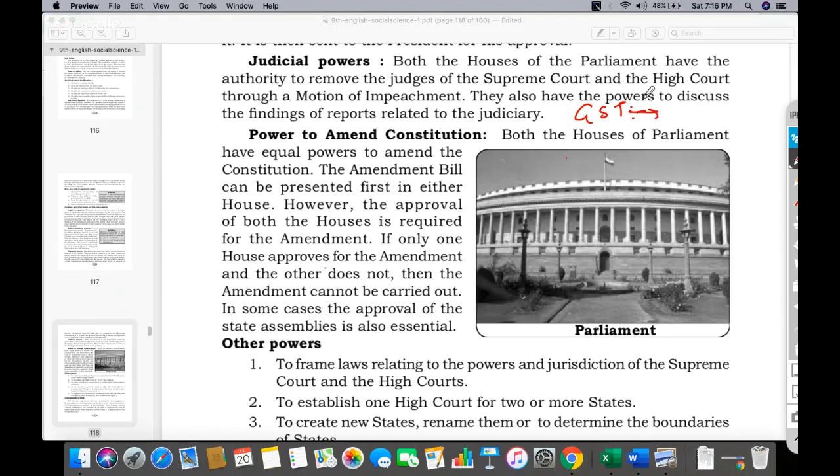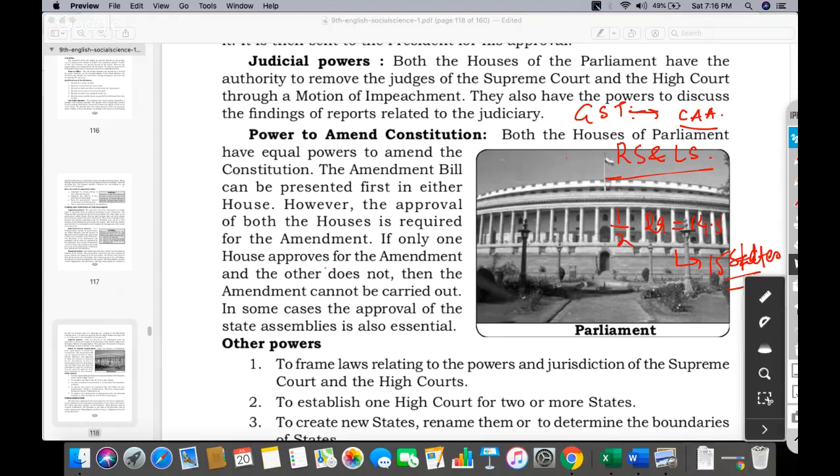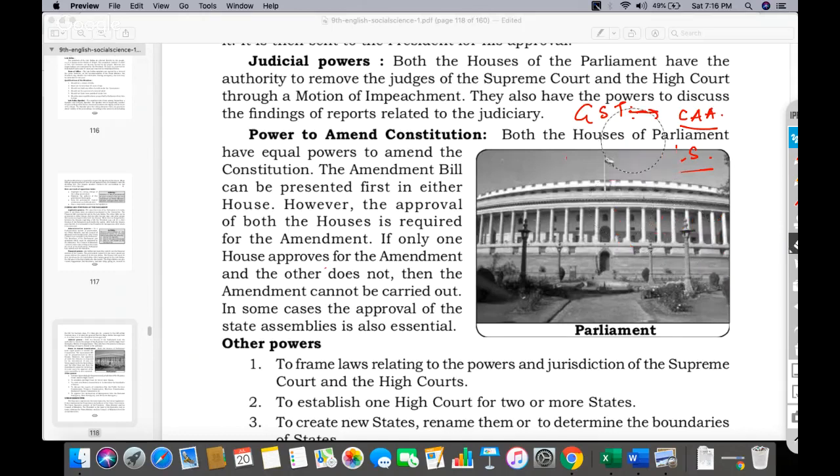So there are few constitutional amendment bills which, apart from the two houses Rajya Sabha and Lok Sabha, have to be passed by at least half of the total states. So half of 29 is 14.5, integer more than this, so 15 states. So like GST bill was passed by more than 15 states for it to become an act or law, whatever we say.